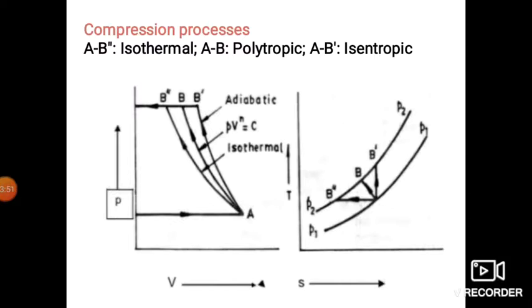The curve AB follows the law PV^n equals constant. This process is called the polytropic compression process. After this, the high pressure air is delivered to the device through the outlet valve, which is called the delivery valve. So, this is the pressure volume chart which shows the compression process.